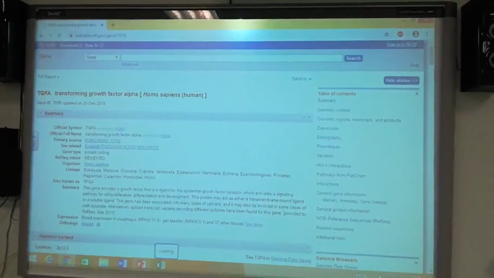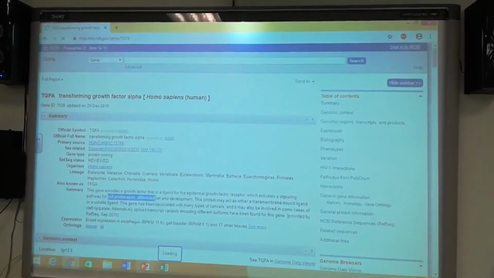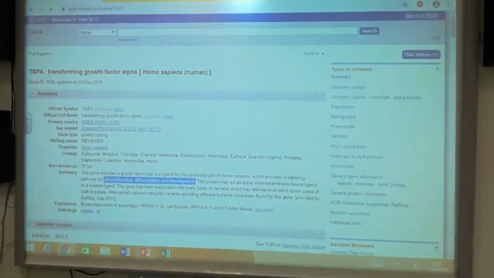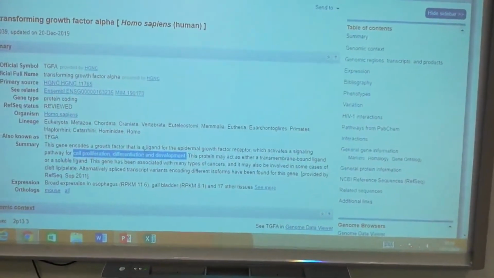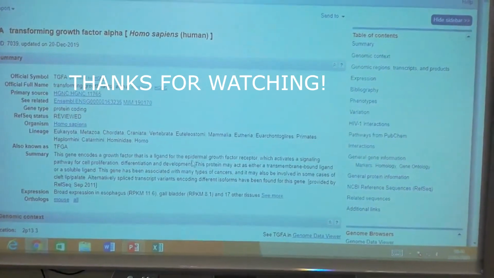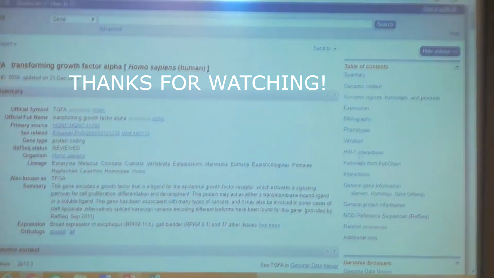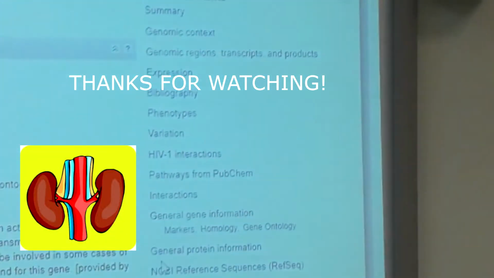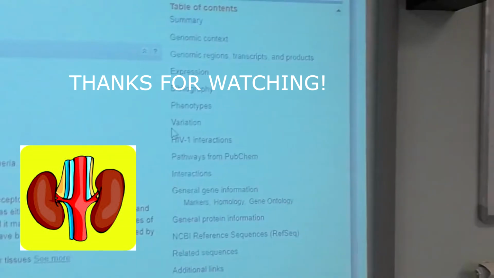For example, studies have been conducted using soluble factors in order to differentiate iPSCs into nephron cells. Using the NCBI gene database, we can find different genes, such as TGFA, which are responsible for these factors. Thus, scientists can determine the best possible microenvironment to make nephron cells and potentially a whole kidney.